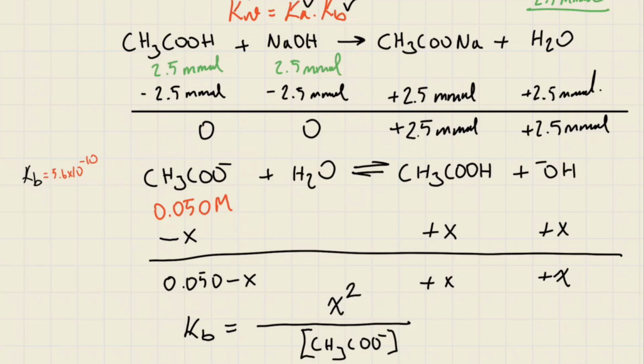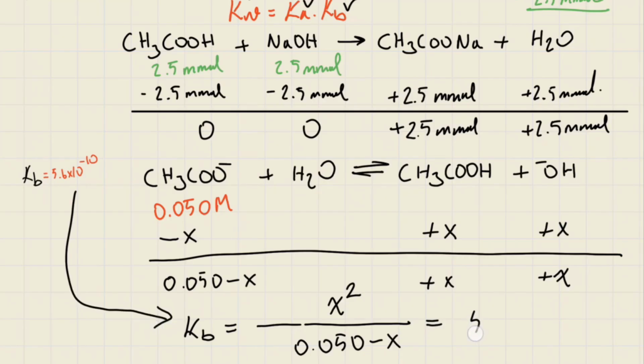And this acetate ion concentration is equal to 0.050 minus X, and Kb is here, so it is 5.6 times 10 to minus 10.